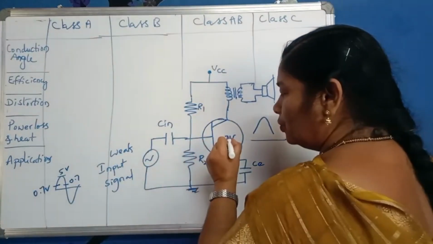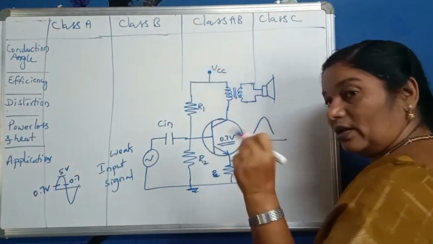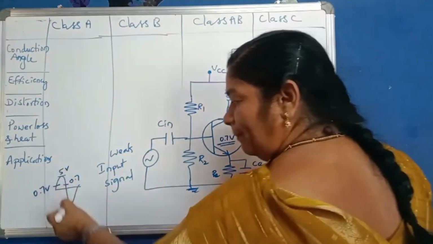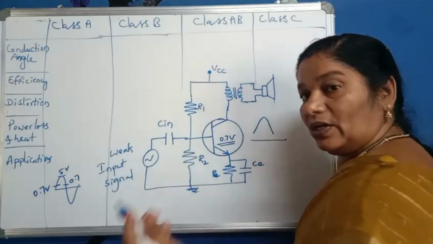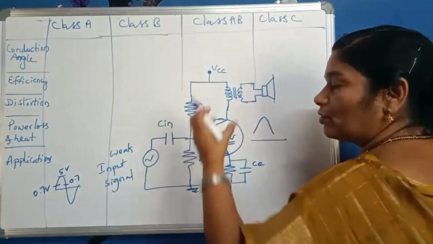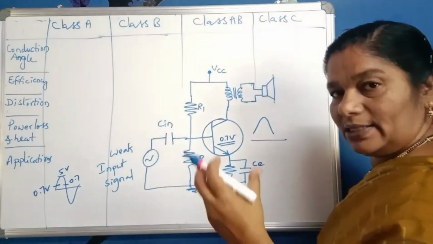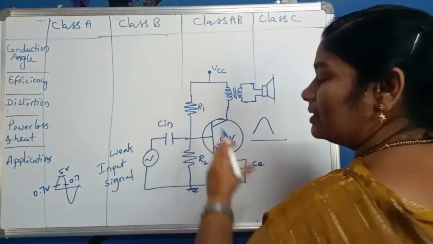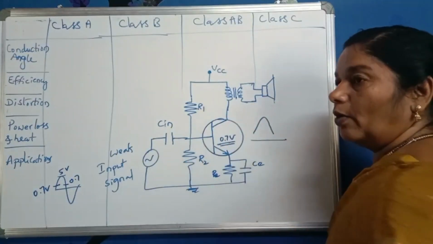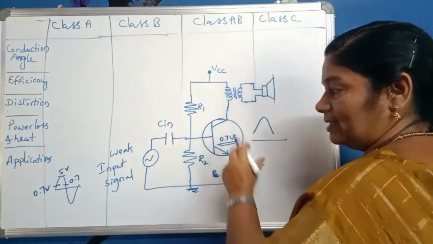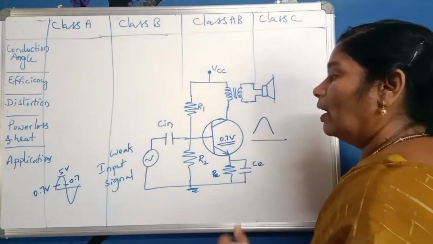So, to keep this transistor in the on state for the complete input signal, you must give a constant DC, which is called biasing. And this biasing will keep the operating point Q of the transistor in the active region.